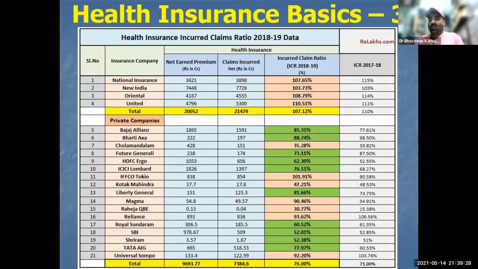Obviously, the premium is not concomitant with the charges. It can go with good luck and bad luck also. Say National Insurance or whichever one is having the highest. All of United's premium came in, and all the customers who were infected or diseased, those who required hospitalization, and all those claims went into the company giving a payout. So the ratio is 110%.